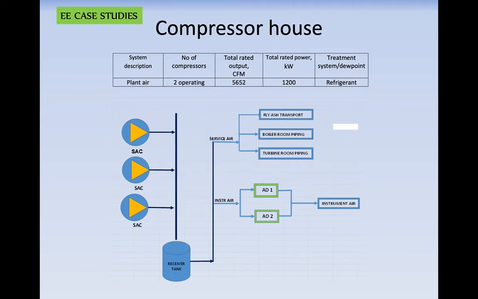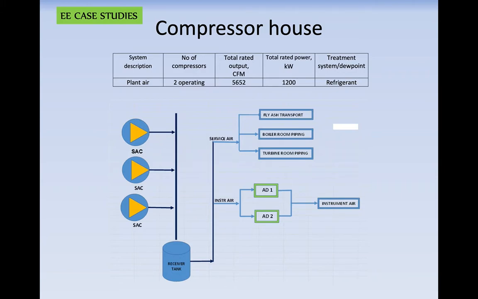There are two user lines. The first one is for surface air purposes, and the other one is for instrument air purposes. So in general, they are divided into two lines, surface air purposes and instrument air purposes.